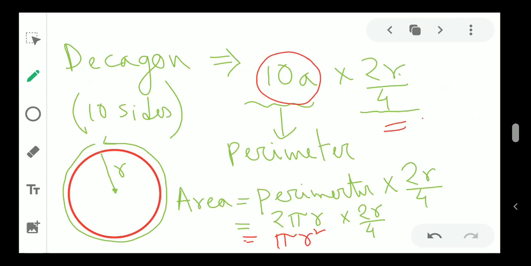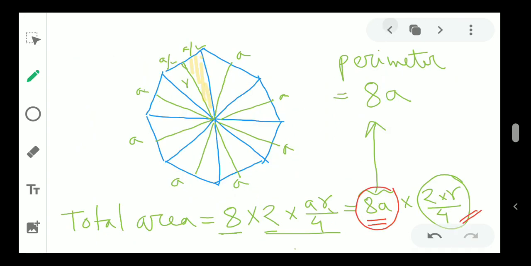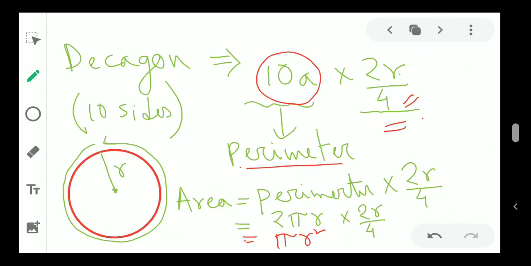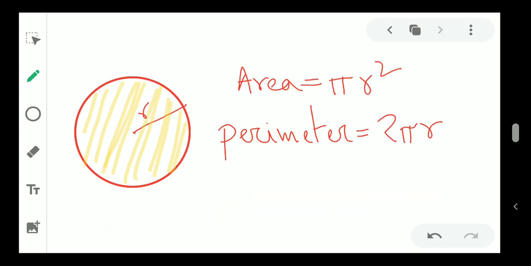So what formula will come? First we have to multiply the perimeter with this part, which is the same for all of them. We already knew the perimeter of the circle, and we used that and got the area of the circle. This is really interesting because this is kind of a discovery, right?